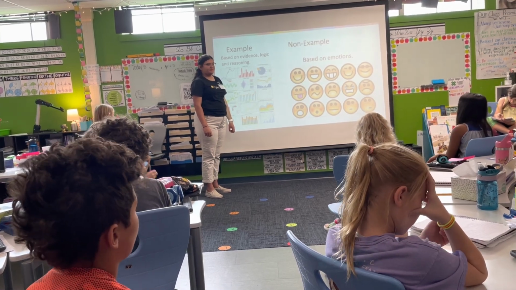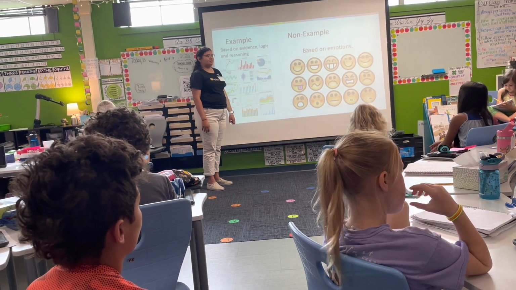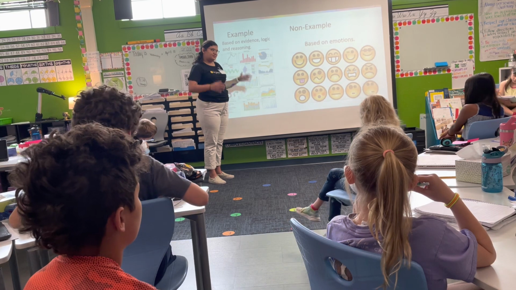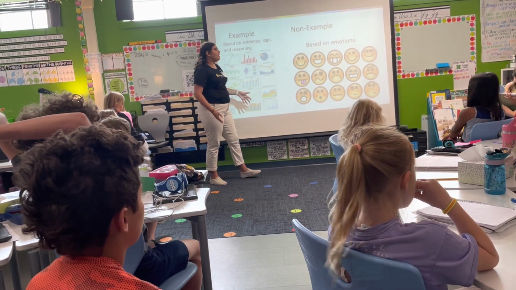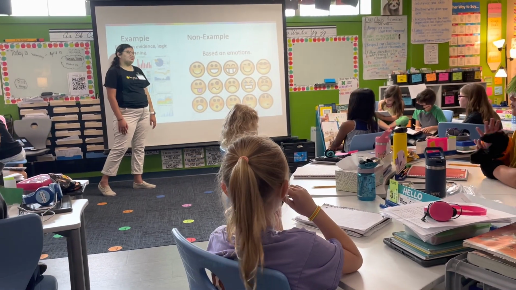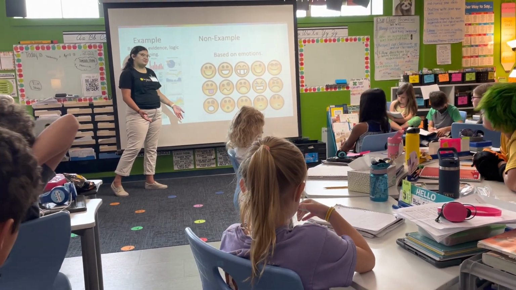And for the non-example, we don't want to use our emotions to back ourselves up. Yeah, you can use graphs, you can use anything that has a logical reason. You don't want to go based on how you feel, because that's not really evidence to back up what you're trying to say.